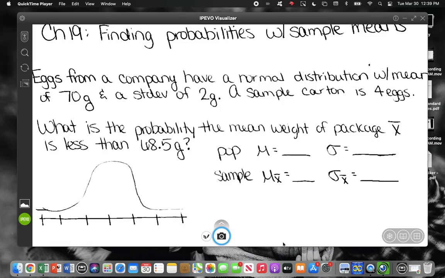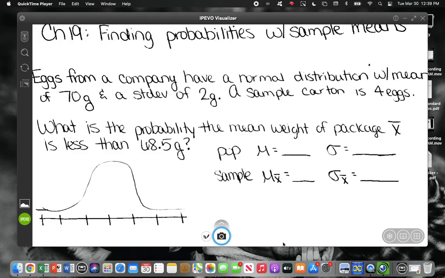we are going to talk about eggs. Eggs from a company have a normal distribution with a mean of 70 grams and a standard deviation of 2. So we're talking about the weight of an egg.